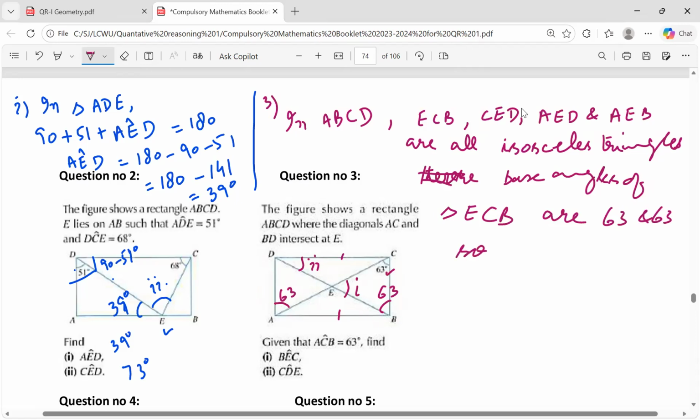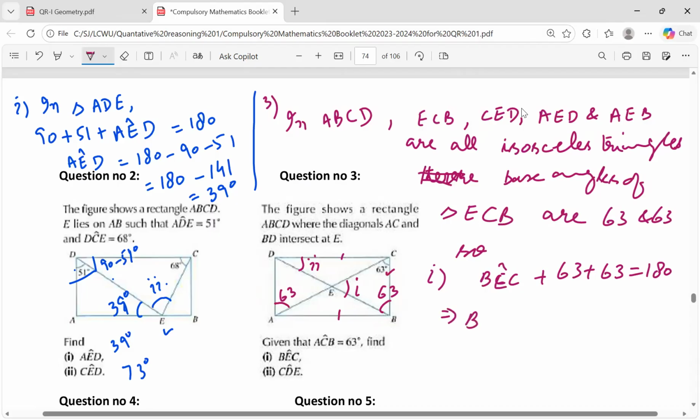So for the first part, angle BEC plus 63 plus 63 degrees is equal to 180 degrees.